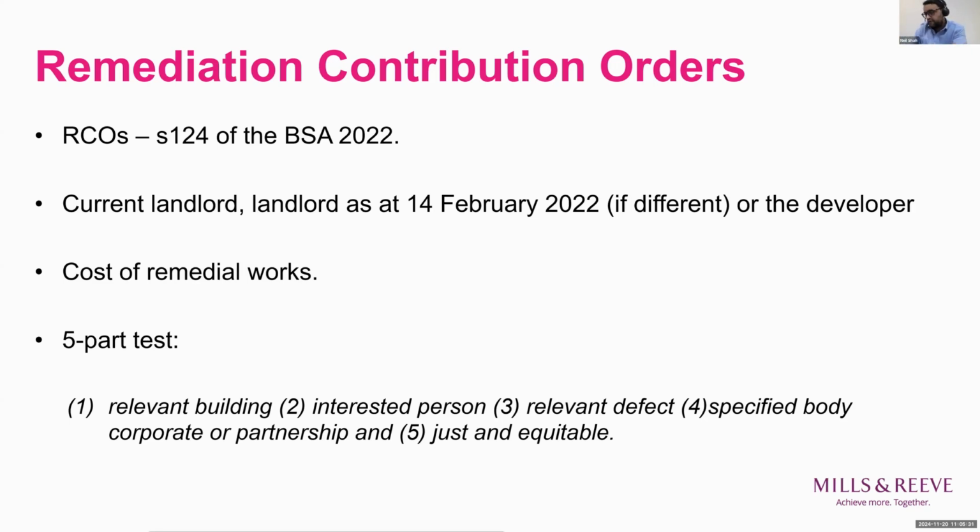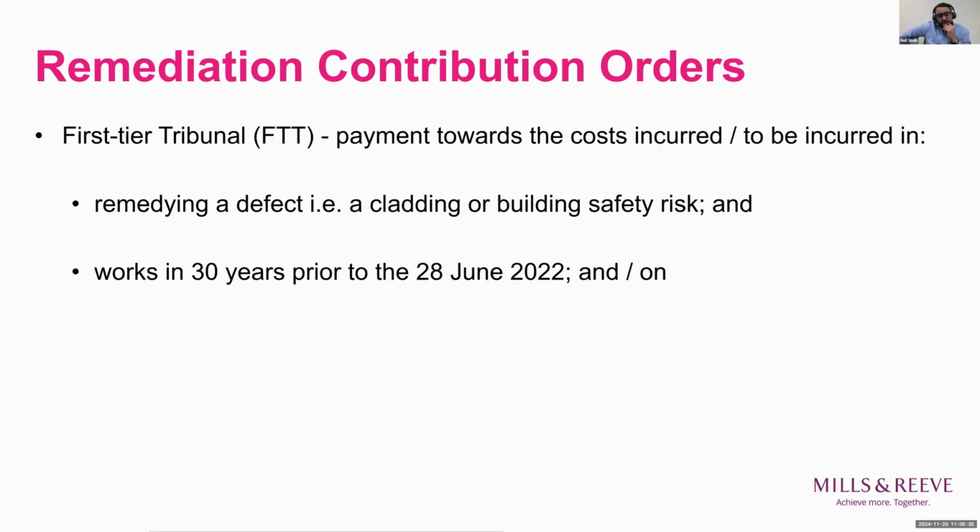So if we move on to just briefly what those 5 requirements are. A relevant building is defined as a self-contained building with at least 2 dwellings. It needs to be at least 11 meters high, or it has to have at least 5 stories. That's part 1.